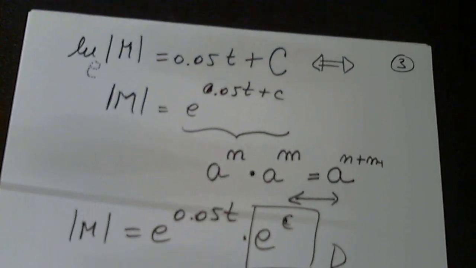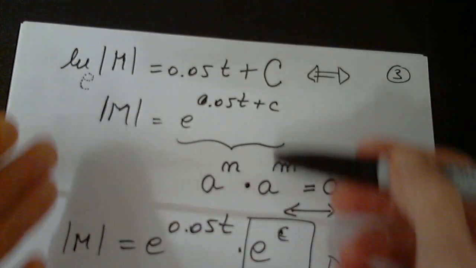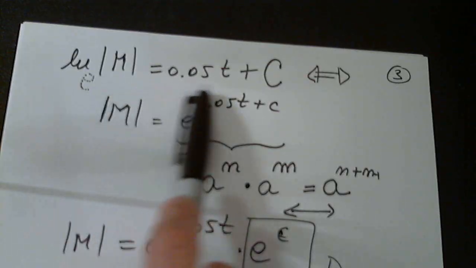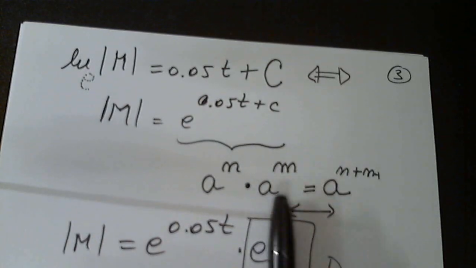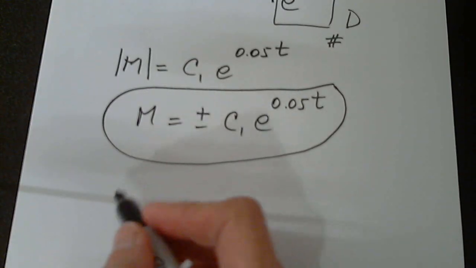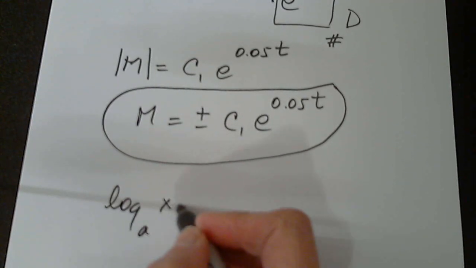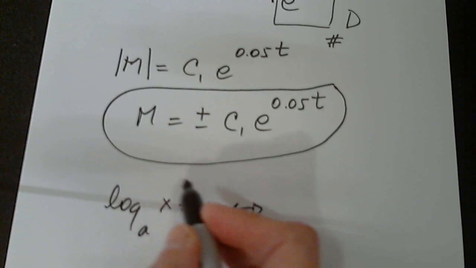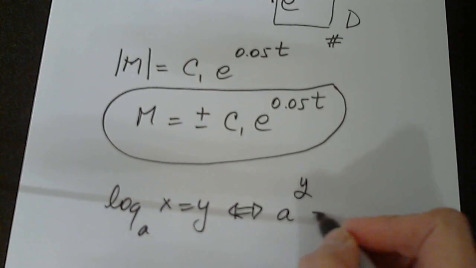We're going to have plenty of examples, but let me just reiterate what we just did here. So this is a logarithmic equation. To change it and convert it, let me state the rule again. Log base a of x is y is equivalent to a raised to y equals x.